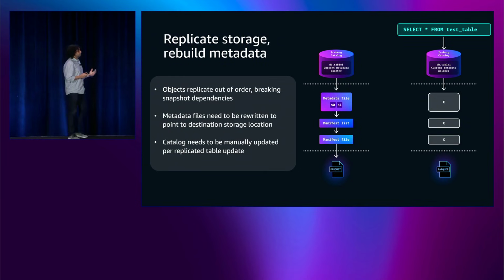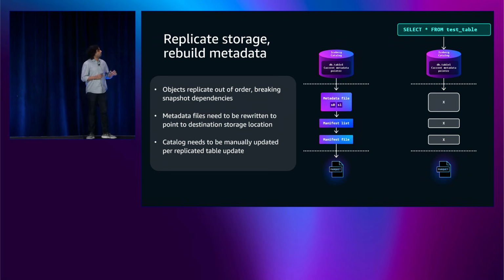Second problem, which is peculiar with Iceberg, is all the metadata files that refer to the data files underneath have absolute file paths embedded within them. So for example, it typically would start off with S3, your bucket, and then the path to your exact key itself. What that really means is that you need to now have custom logic to transform them and point to your destination buckets themselves.